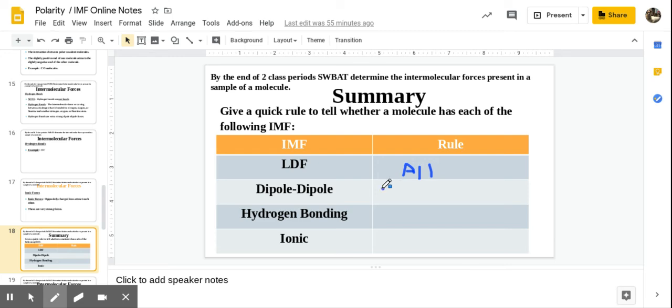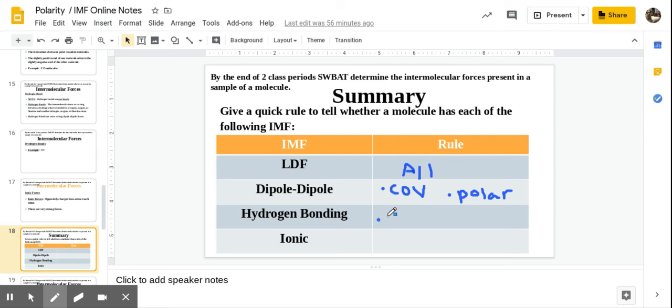It needs to be covalent, and it needs to be polar. For hydrogen bonding, three things need to be true.